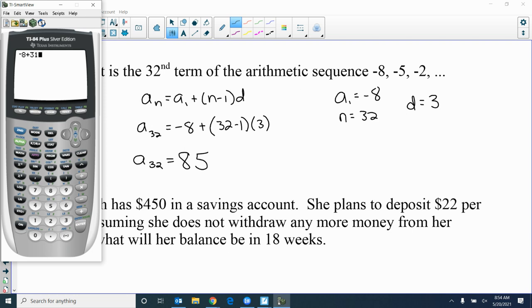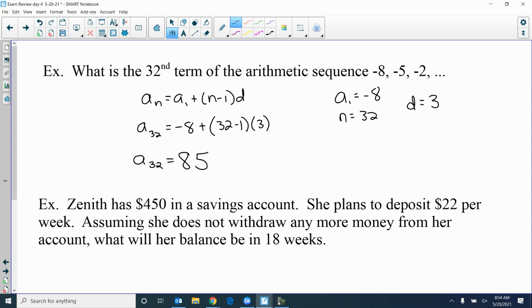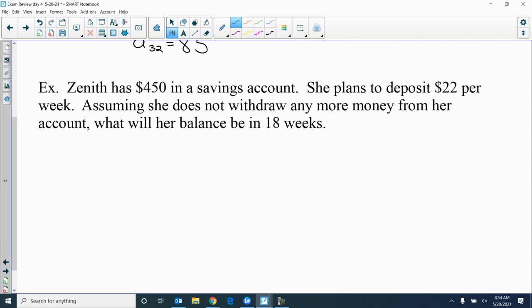That's 31 times 3. What about ratio? What'd you put in wrong, Grant? I might have not put -4. Oh, okay. All right. That next one there, all you have to do is Zenith.